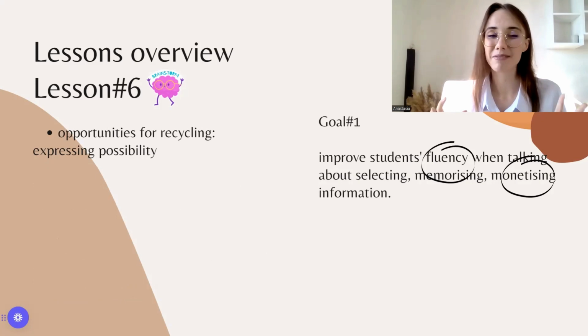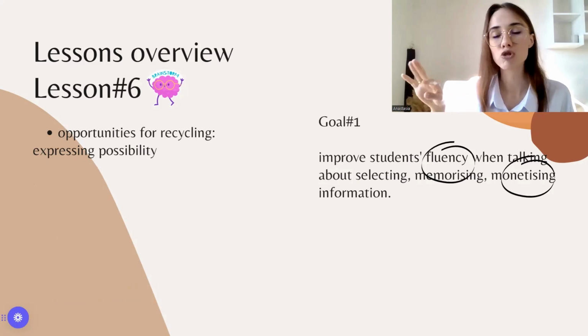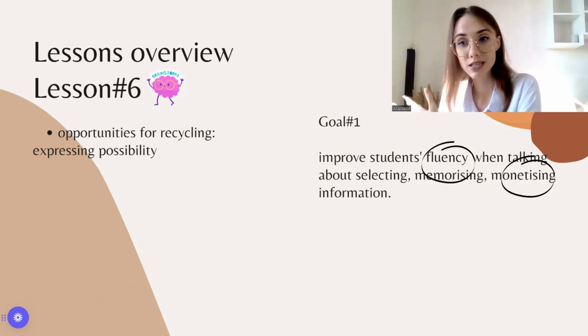Well, I mentioned that. Have I mentioned that? We talked about expressing possibility with the students, and we learned some chunks like 'there stands no chance of', 'there is every likelihood', 'we cannot exclude the possibility', and so on.